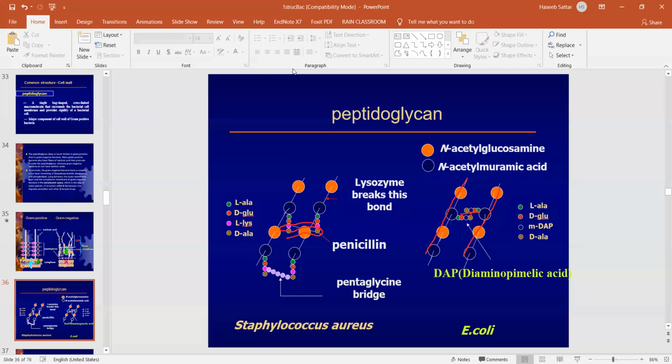That is why human tears and saliva are natural antibiotics, because they break down the linkage between the peptidoglycan units. So that is a natural antibiotic for humans, and it is a natural resistance against infection.